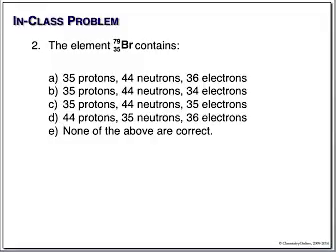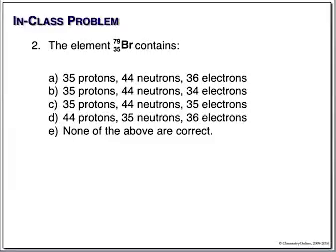This is bromine 79. What does it have? Once again, please believe me, these are actual exam questions.